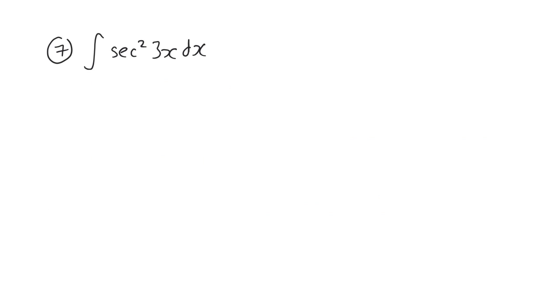Number 7 then, integrate sec squared 3x with respect to x. So this is where it's useful to have your formula book in front of you and look at actually not the integration page, but the differentiation page. So you'll say, well, what do I have to differentiate to get sec squared? Well, it's actually tan. So let's take your guess as tan 3x.